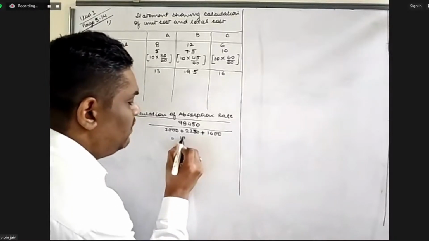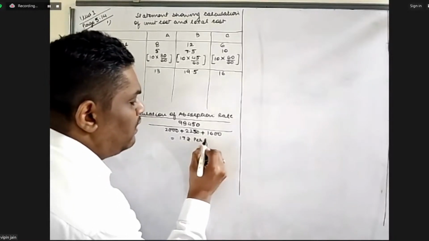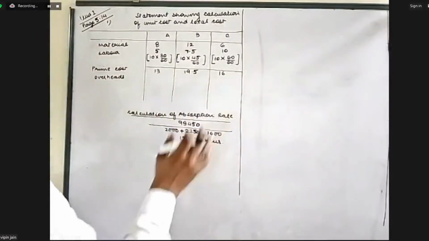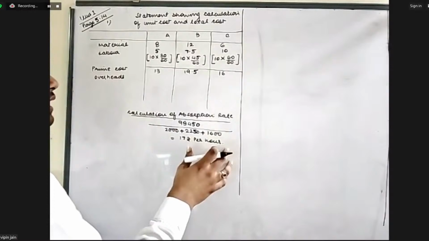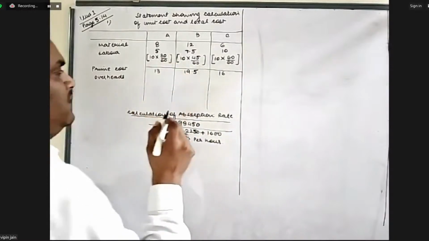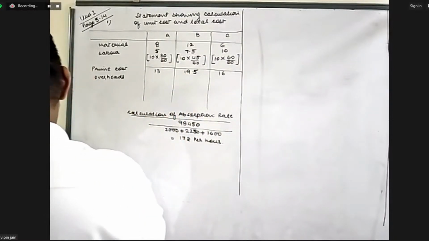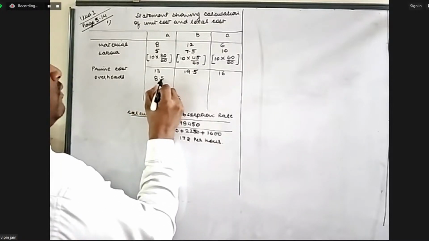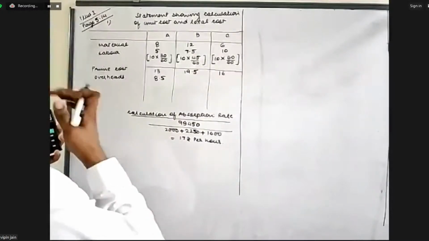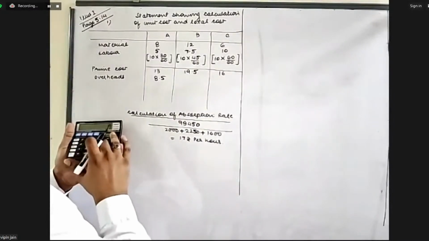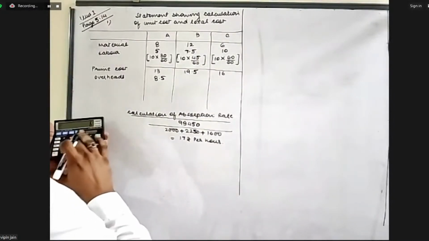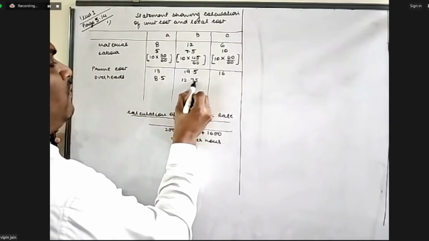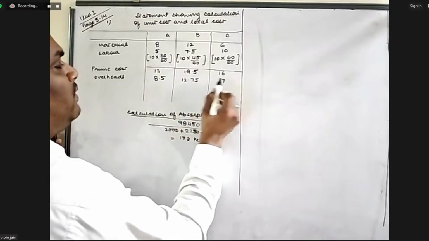That is rupees 17. Now we can charge this rate to these products to calculate the total cost. So 17 per hour. For 30 minutes, how much will it be? 17 into 30 divided by 60. So this will be 8.5. This will be 12.75. And this will be 17.